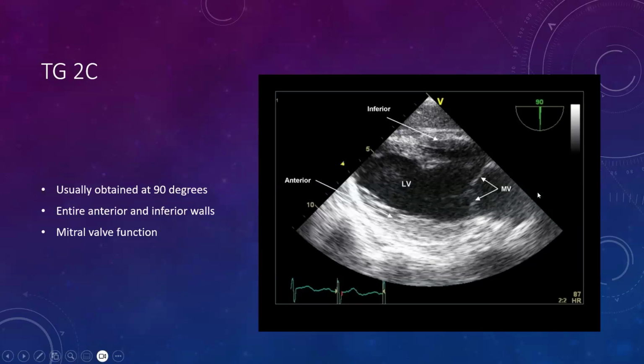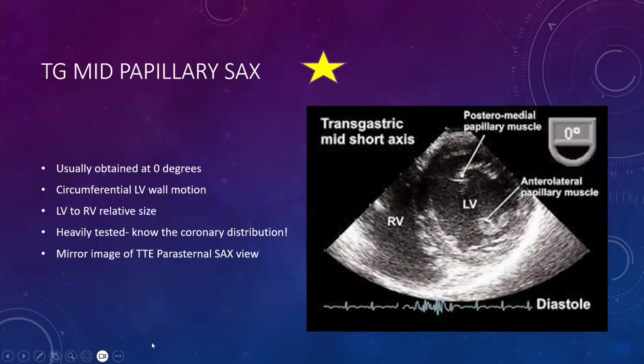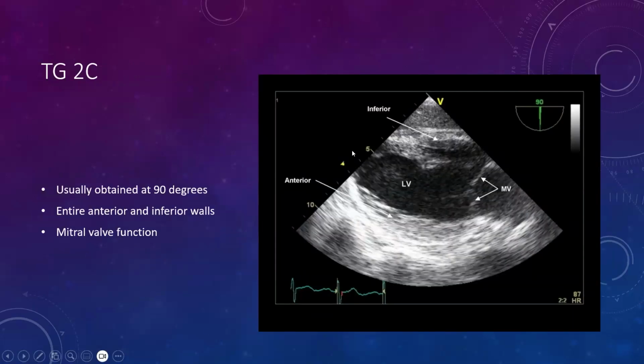This allows you to see the entirety of the inferior wall, although you usually lose some of the apex, and the entirety of the anterior wall. So now if there is a lesion causing some regional wall motion abnormality more distally, in the apex, I could see that here, but I can also identify kind of global function in that mid-pap view. So I love combining this view, which is a very high yield view, with this one using the X-plane function.